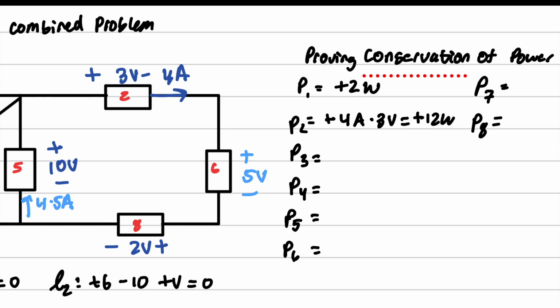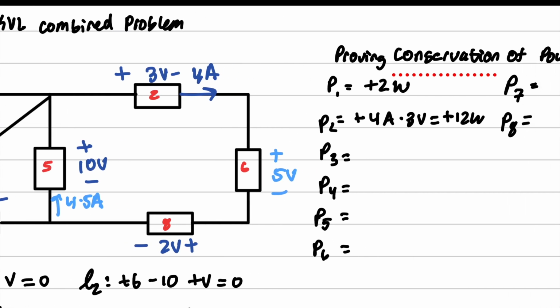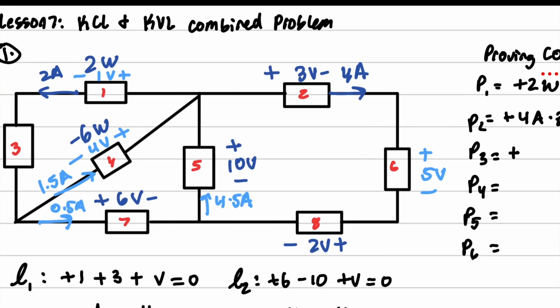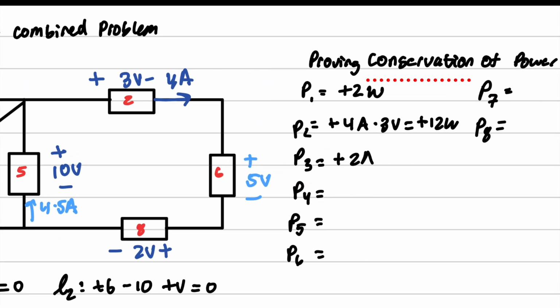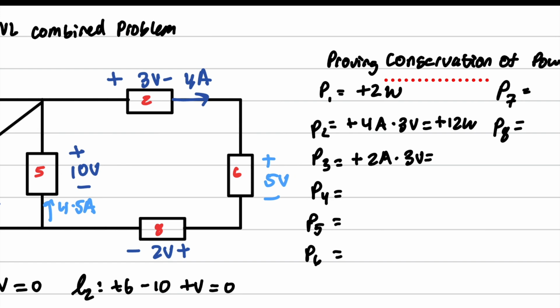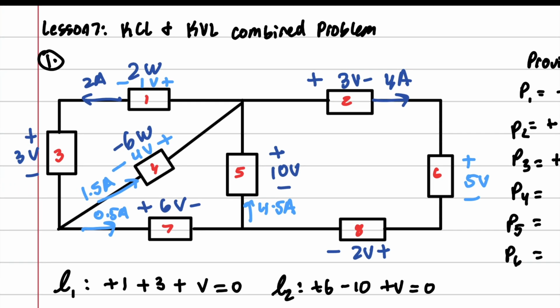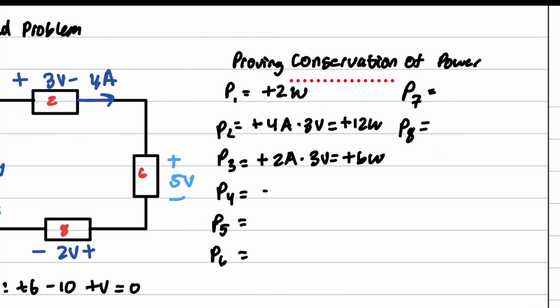Okay? P3, it's going to be plus, I believe that was 2 amps times 3 volts. Yes. 3 volts equals plus 6 watts. And then P4, once again, this one was given to us right here, negative 6 watts. So negative 6 watts.